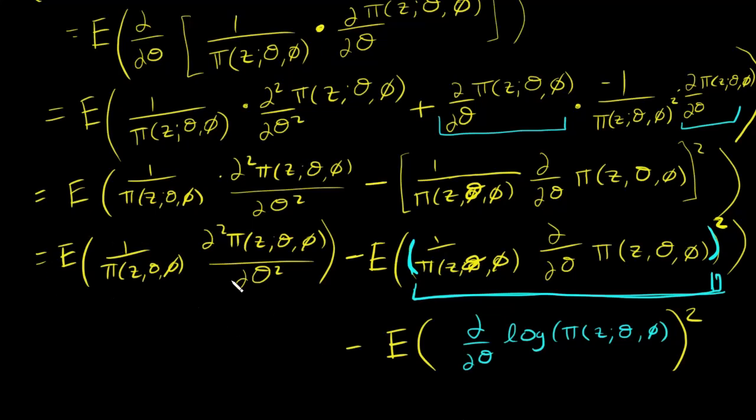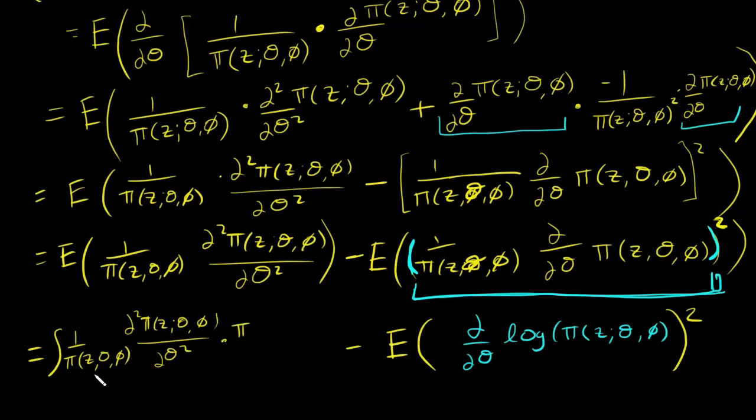Now, this first part of the equation, I just dropped for a second. We need to find this expected value. To find an expected value, we take the second derivative of the density function times the density function, divided by the density function.